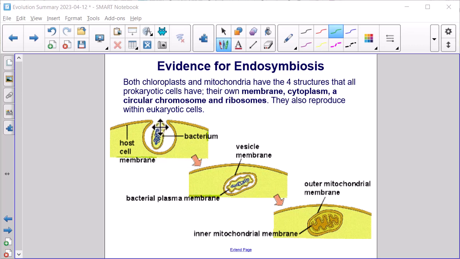And it looks like this, where we have a host cell that engulfs the bacterium. So now it has a second plasma membrane, the vesicle membrane, and then the original bacterial plasma membrane. And then over time, we get the evolution of the inner and outer mitochondrial membranes.